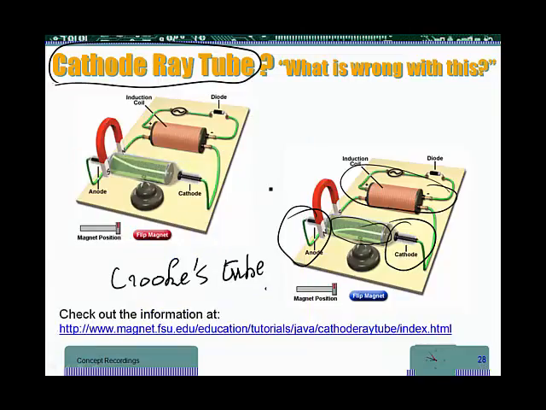Okay, going back to this picture. So now what's wrong with this picture? I believe the labeling of the magnets is not correct in this case. If you notice, here the south is towards us. The cathode in this case is to the right of the screen.